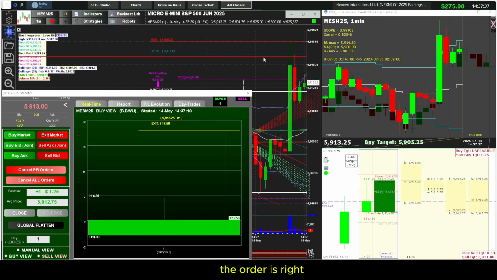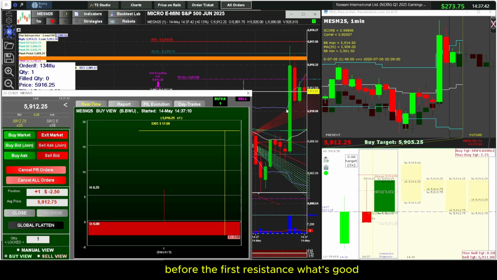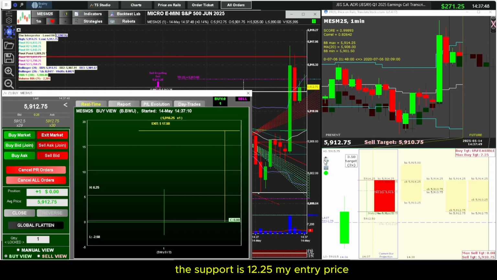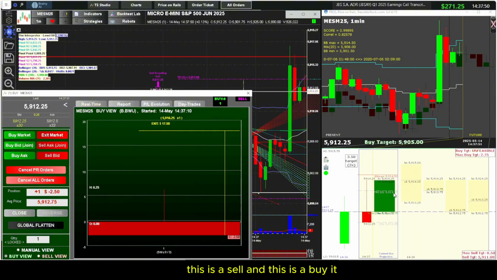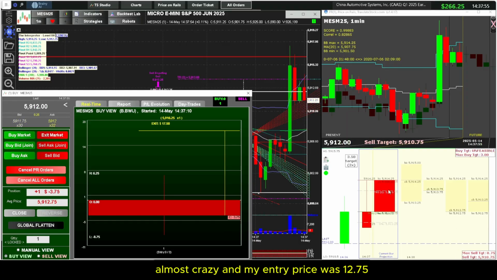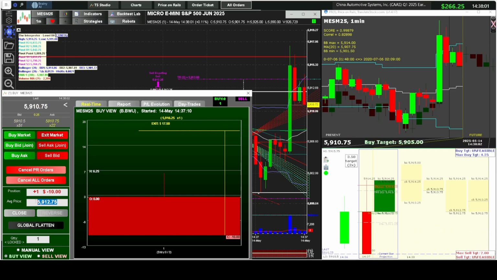The order is right before the first resistance. What's good? The support is 12.25. My entry price, this is a sell and this is a buy. Like the system is almost crazy. And my entry price was 12.75.